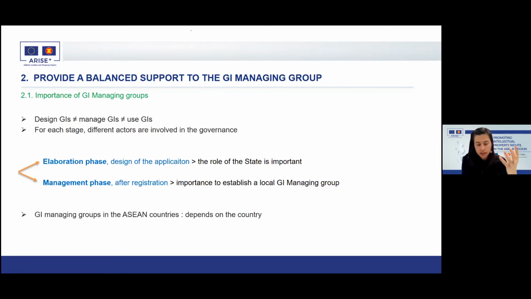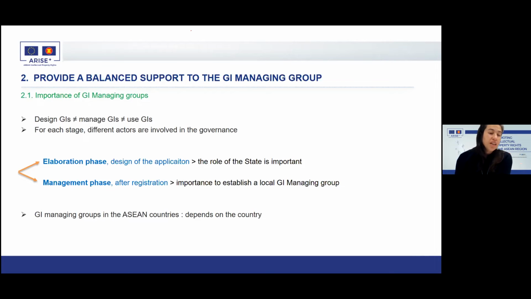So the role of the state is essential. And so it's very important to have a strong involvement of public actors during this elaboration phase. But also after, when the GI is registered, it is very important to facilitate the establishment of a local GI managing group and recognize its legitimacy to manage the GI.